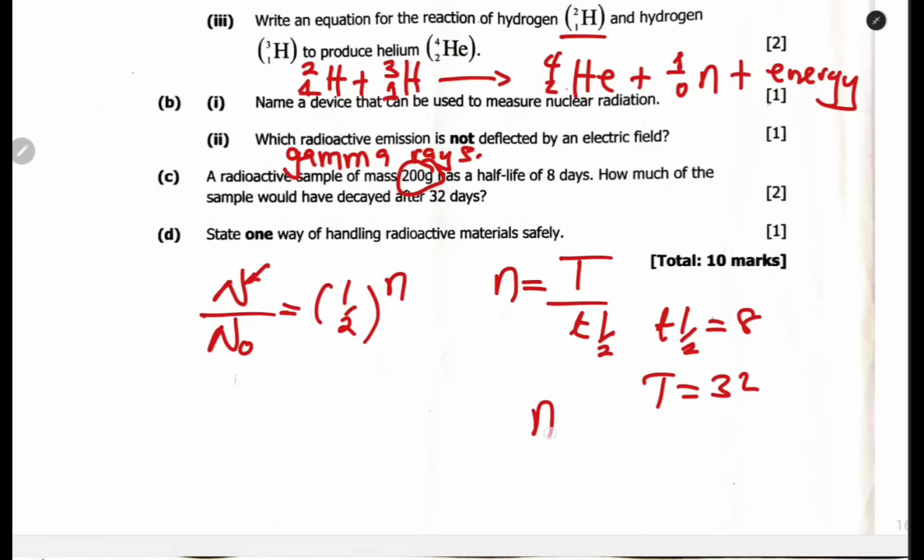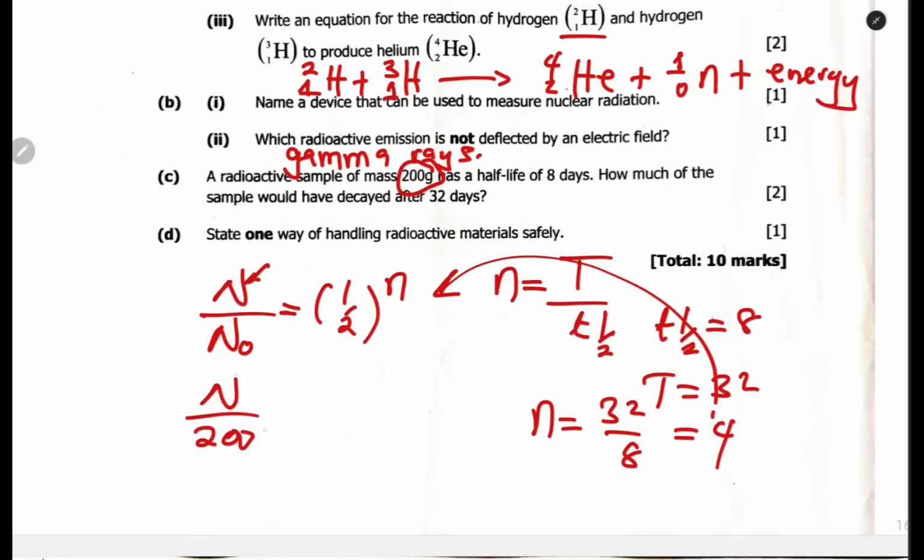So we can find n here, where we say 32 divided by 8. And this gives us 4. So 4 is the one that we are going to replace there. So bring the 4 here. So you are going to have N over 200 equal to half to the power 4.